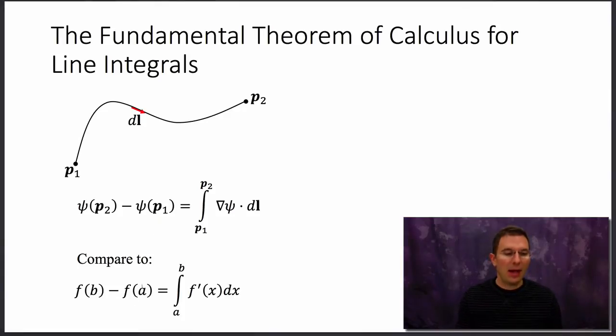In exact analogy to the fundamental theorem of calculus along the real line that you learned in Calc 1. Okay, this is just to reinforce a little bit more what exactly the gradient means.